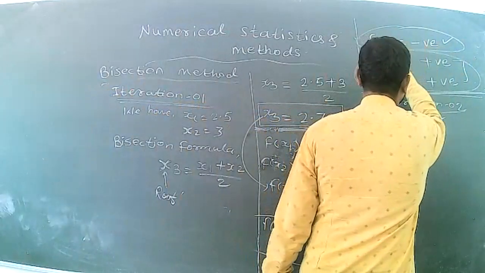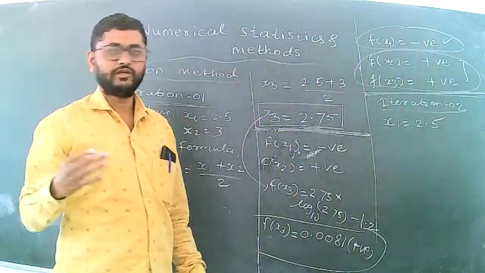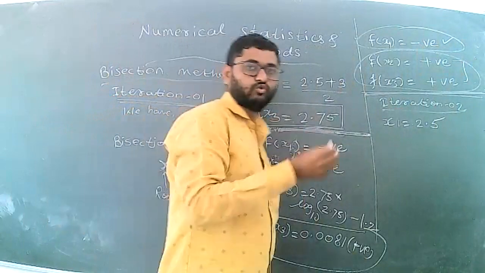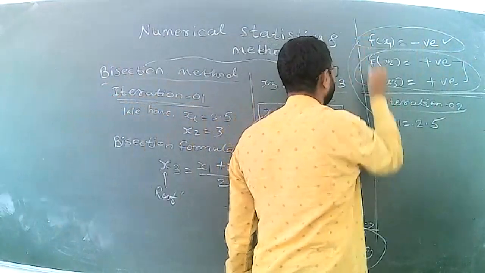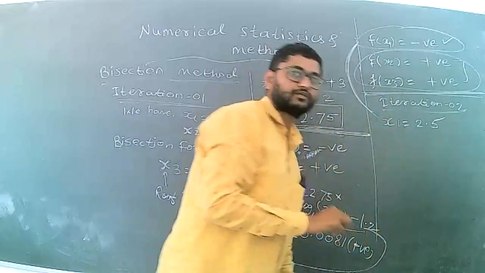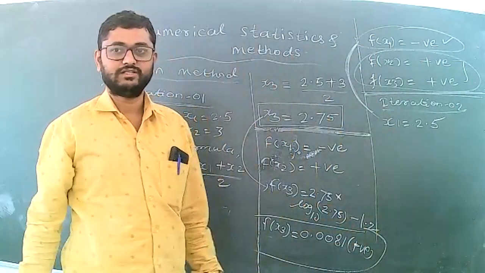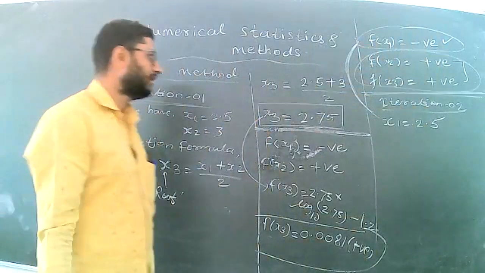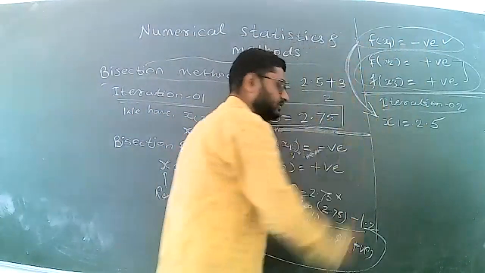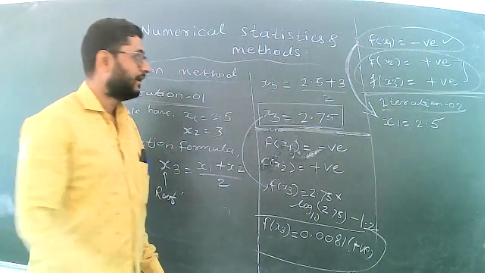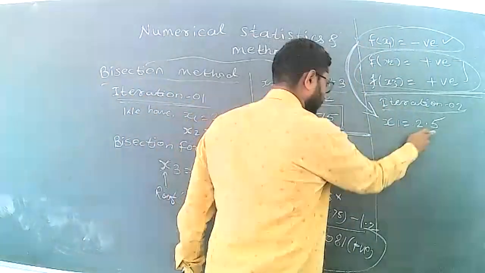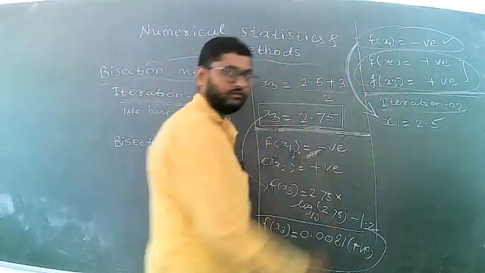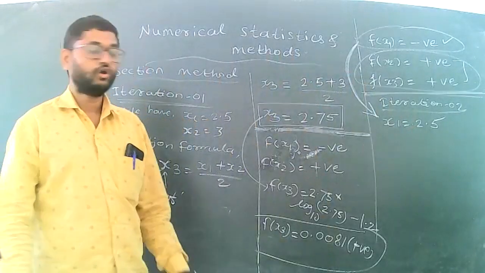When one function out of the 3 has a sign opposite to the other two, we take that x1 or x2 as it is for the next iteration. Here f of x1 is negative, and out of 3, one function has a negative sign. That's why we take x1 directly as 2.5, the same x1 equal to 2.5 we used in the previous iteration, and we continue with it for iteration number 2.